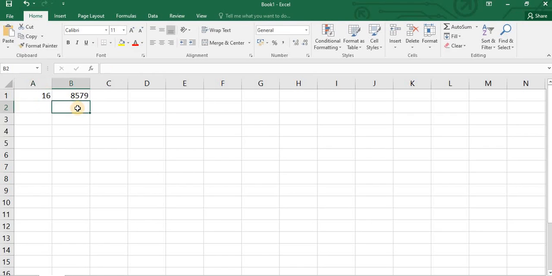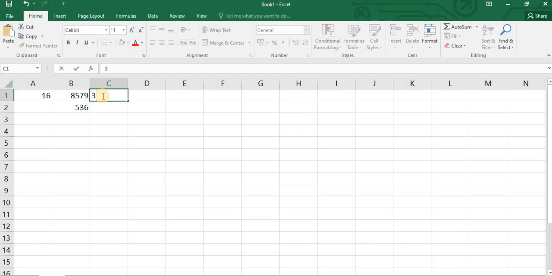What will you get if you divide 85 by 16? 16 fives are 80, and you will get 5. 16 threes are 48, and you will get 9 here. 16 sixes are 96. You will get 536, and the remainder will be 3.